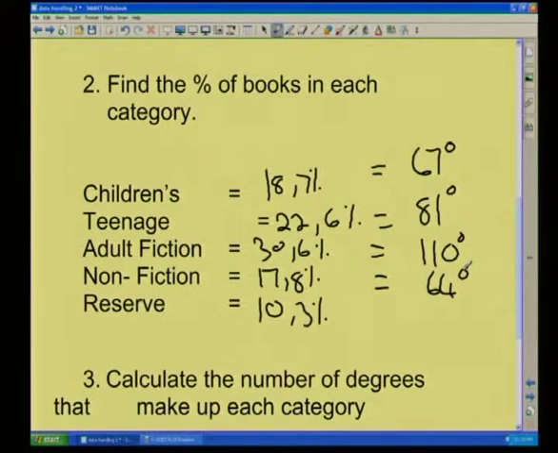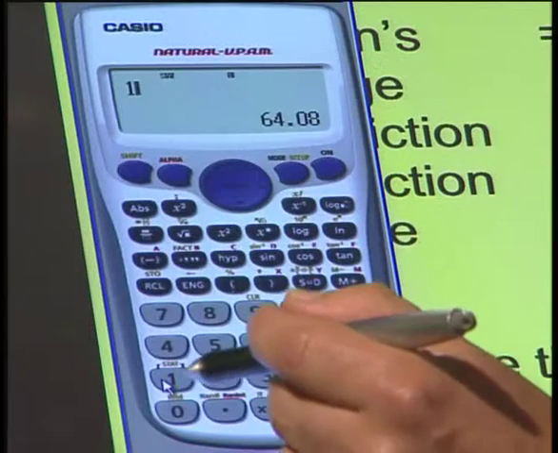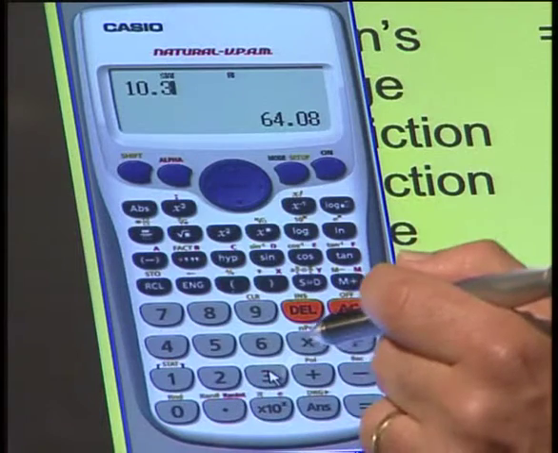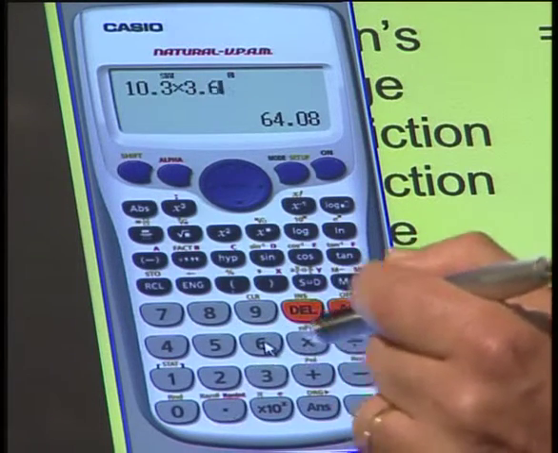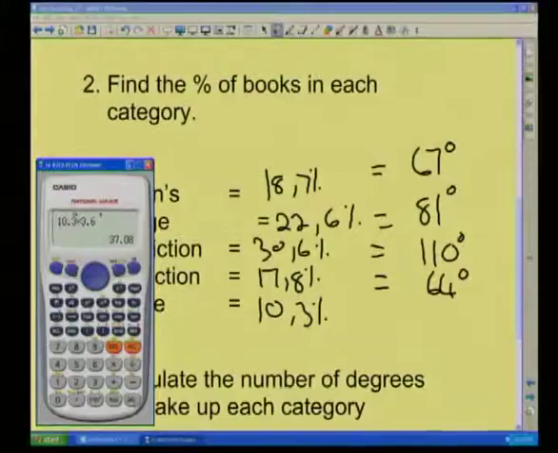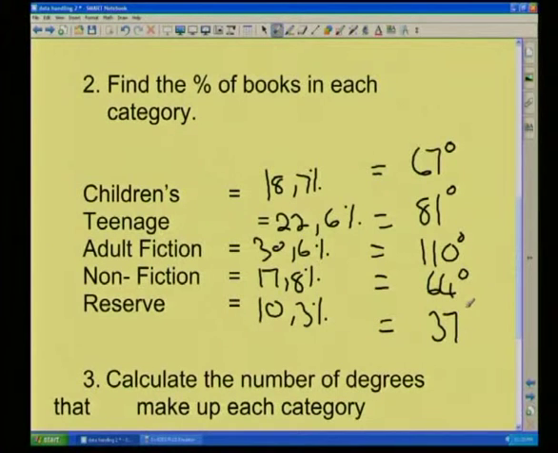And the last one, 10.3% times 3.6 is 37 degrees. So these are the degrees we're going to need when we draw in our circle or our pie chart to make the divisions for the different categories of library books.